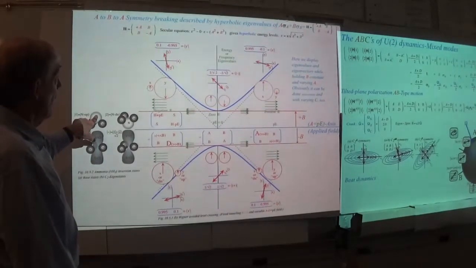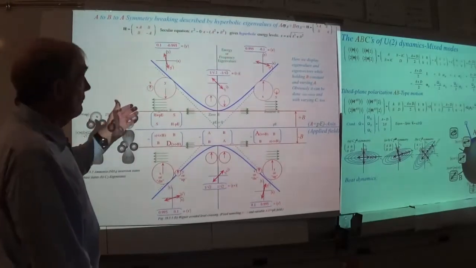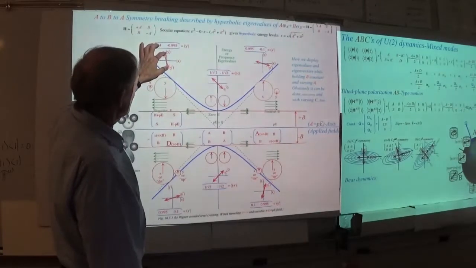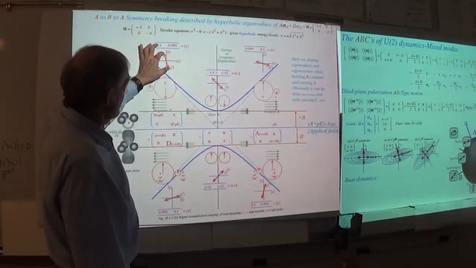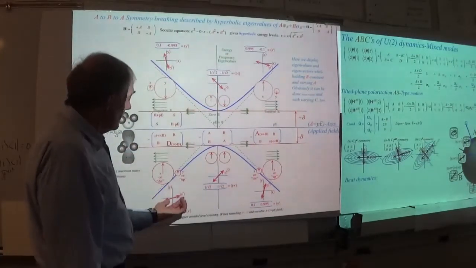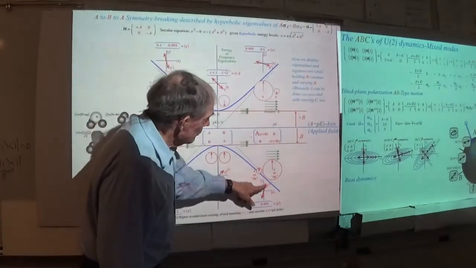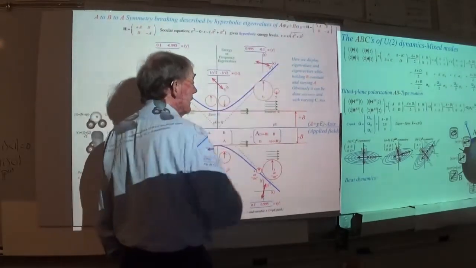That would be the extreme case for the vectors, where the eigenstate for that particular value was lined up on the y-axis and then lined up on the x-axis. And then on the other side, it's just the opposite. The low one is lined up on the y-axis and the high is lined up on the x-axis.